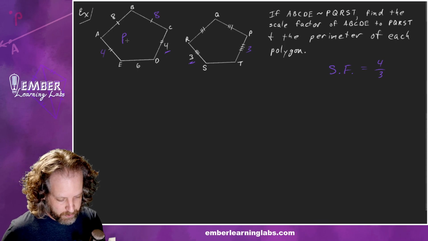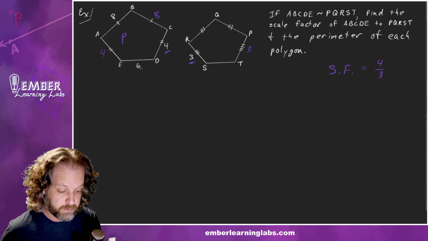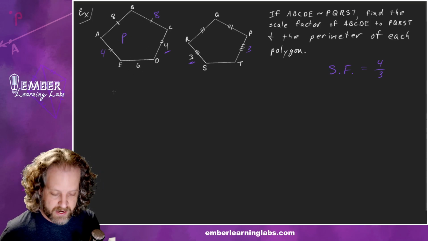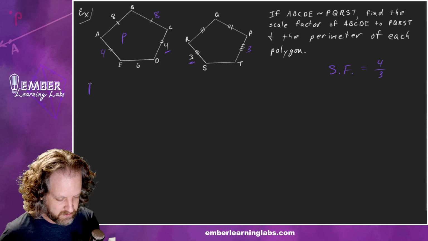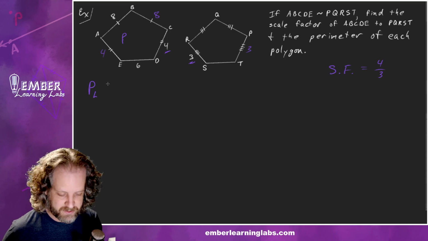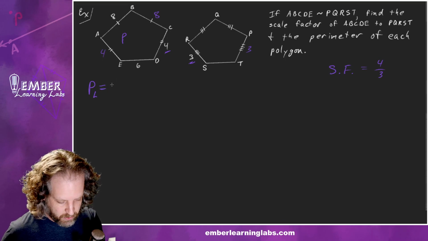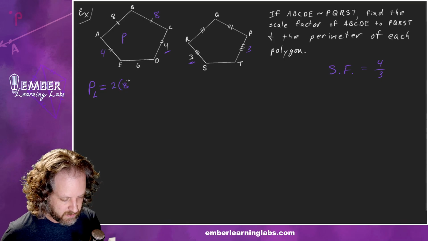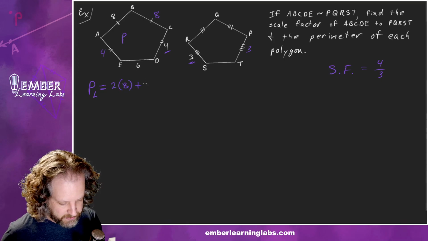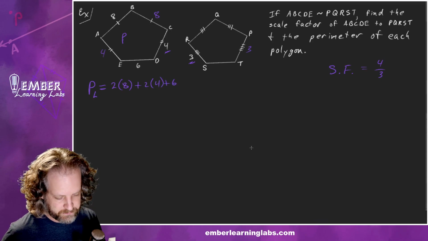So the perimeter here would be 8 plus 8 plus 4 plus 4 plus 6. There's 2 8s, so I'm going to write it like this. I'm going to put a perimeter sub L for the left one. Seems reasonable, right? So it would be 2 times 8 plus 2 times 4 plus 6.